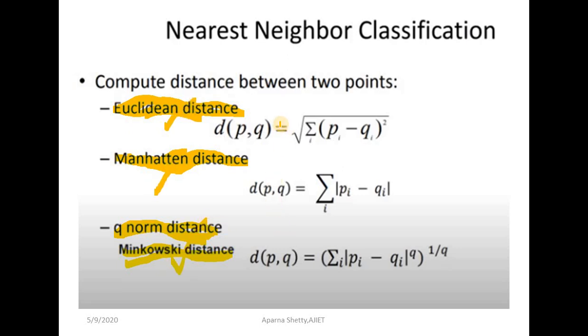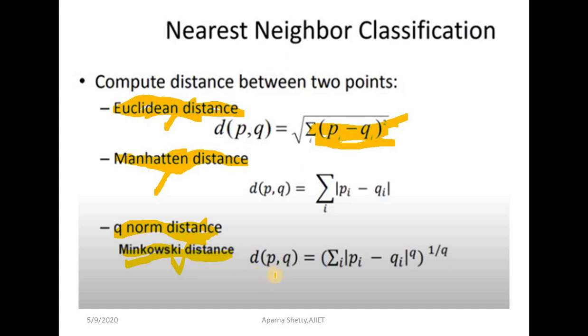Euclidean distance is given by this formula: distance between p, q is the square root of summation (pi minus qi) the whole square. Manhattan distance is the summation of mod of pi minus qi.